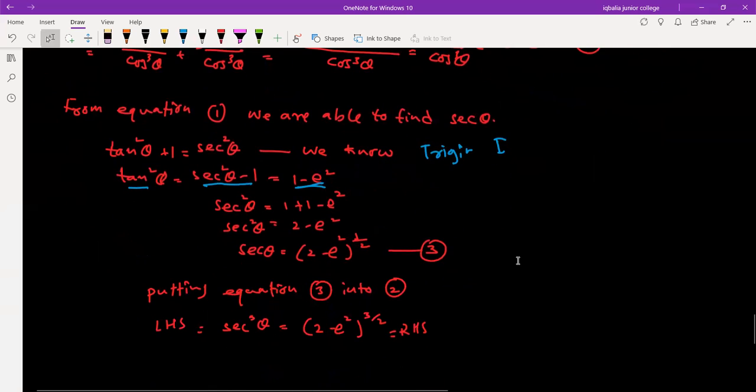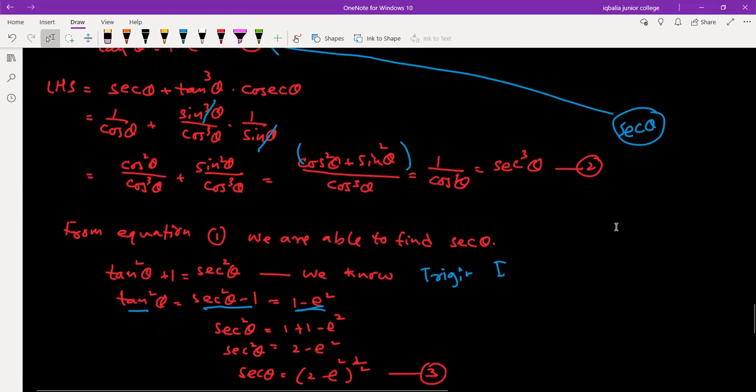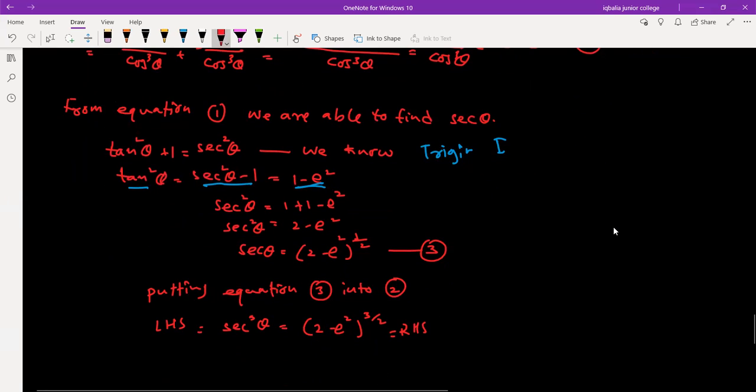If I take the square root, then I will have sec theta equal to 2 minus e square, bracket power 1 by 2. If I put this value in equation number 2, then I will have sec cube theta equal to this.